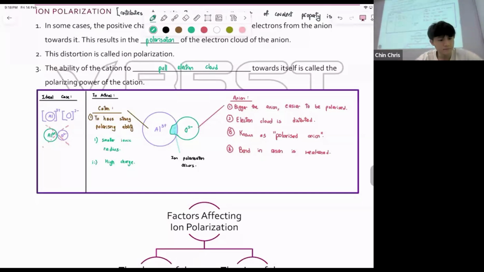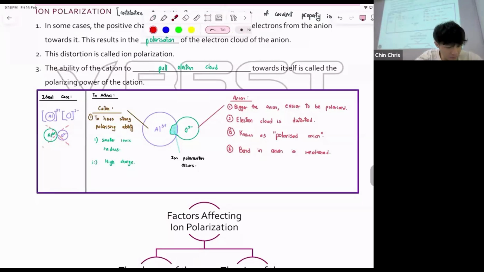Done. Electron cloud, distorted means pull.